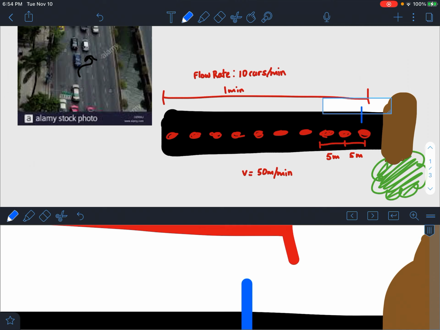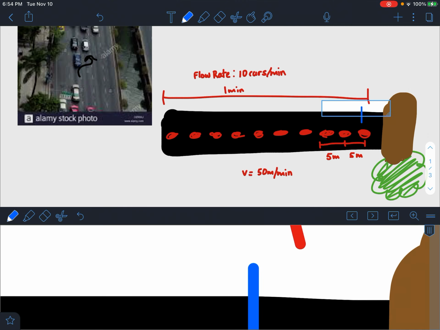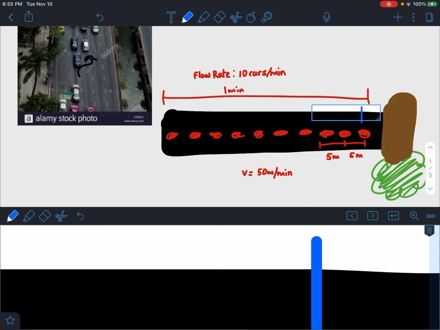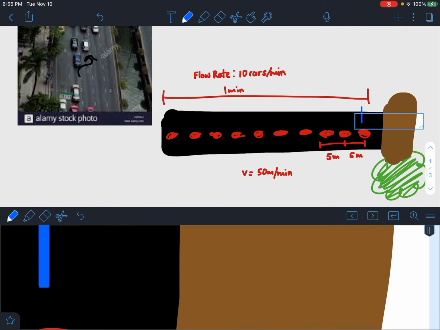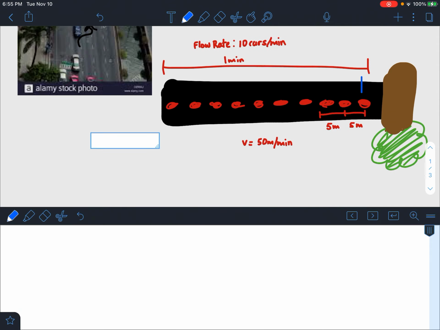Let's say this is our starting position, where it stopped right now. And as the first car goes, let's say the tree was picked up, there is a reaction time of 2 seconds.